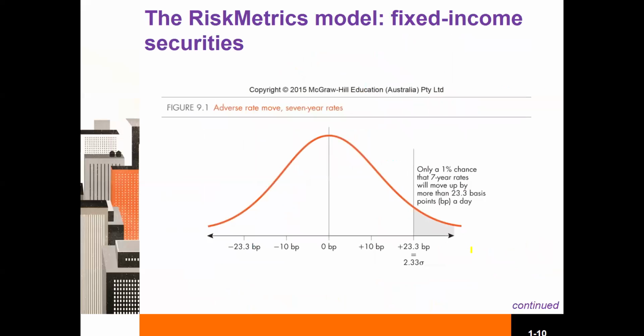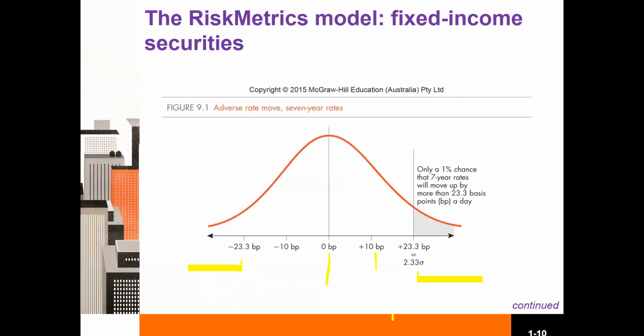So for example, let's say that the 7-year rate has a 0 mean and 10 standard deviation. So there is a 2% chance that the yield change will exceed this 2.33 standard deviation.